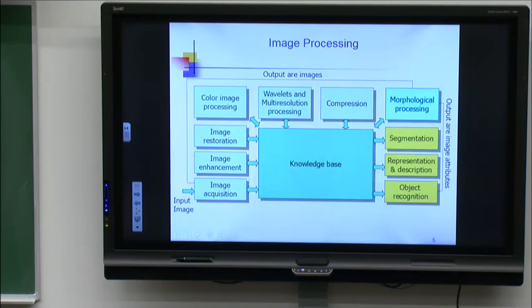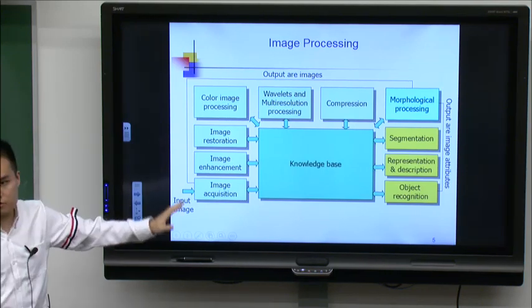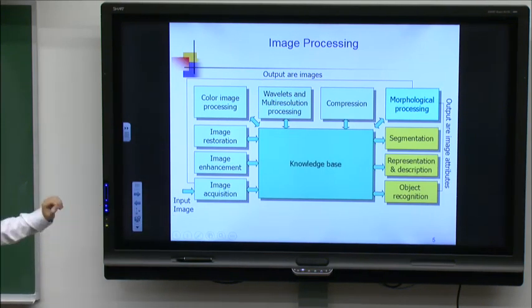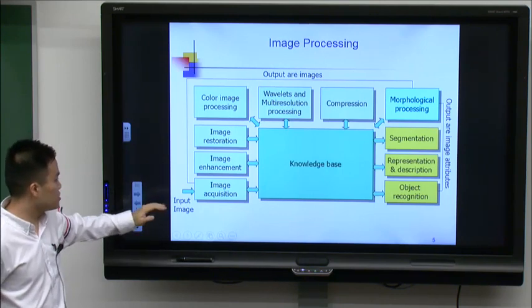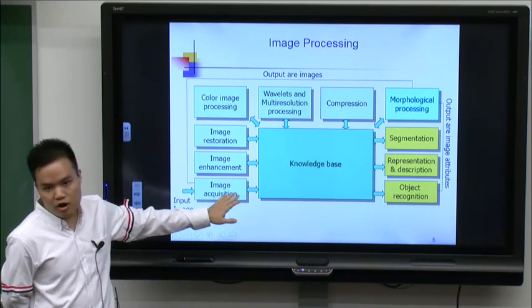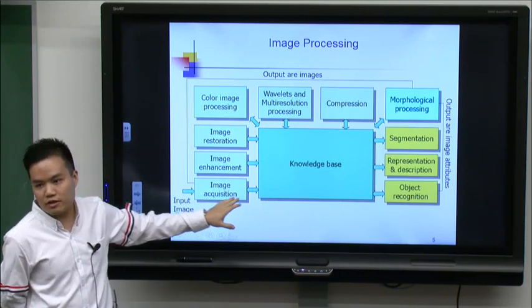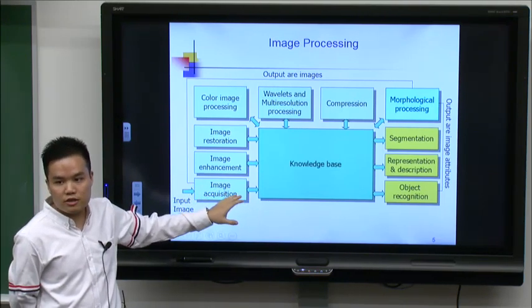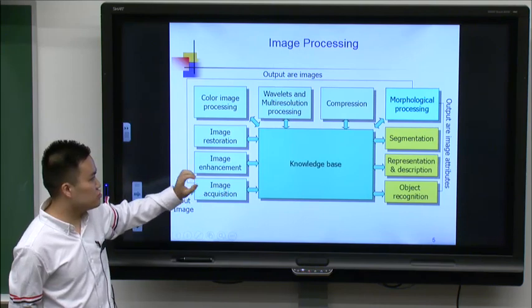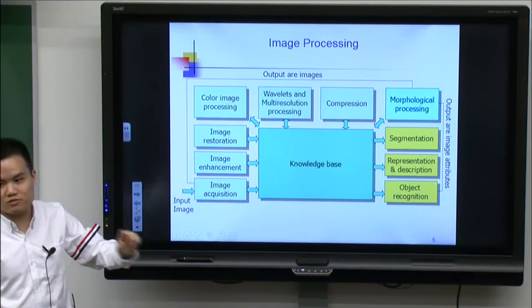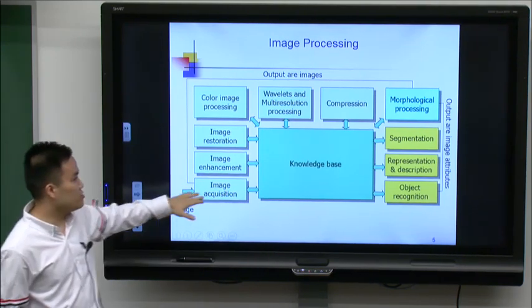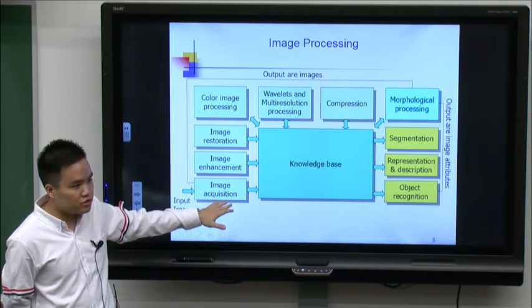So for the image processing realm, there are many areas you can focus on. For example, image processing includes the image acquisition process. This is like you have a camera and you capture the image, and you take the image to your devices, your computer, your cell phone, and then you have the image as the source.